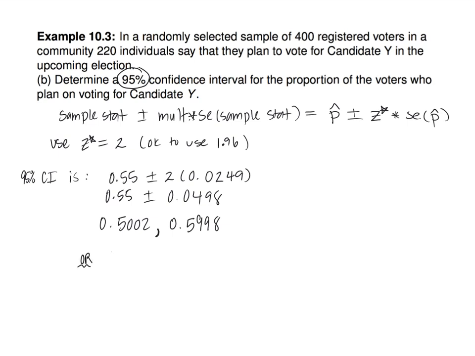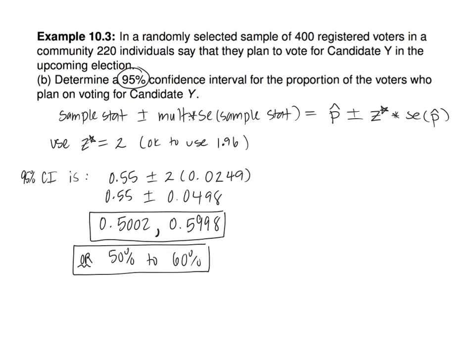Or doing some rounding, it's really about 50% to 60%. But unless I specify how to round, either of those is totally acceptable.